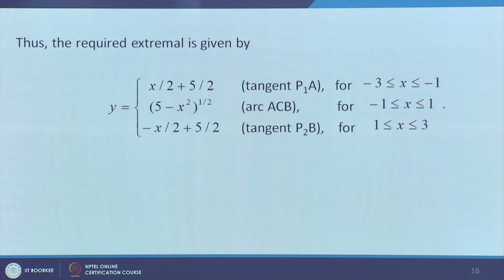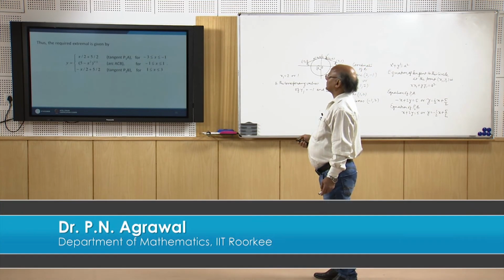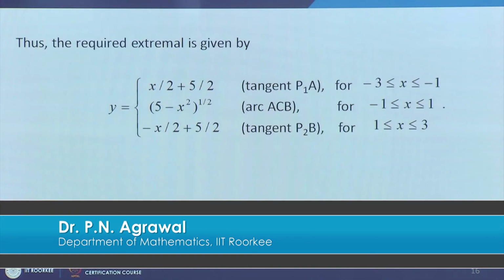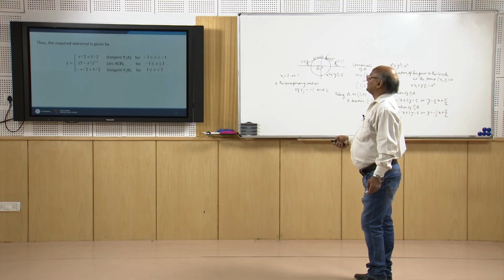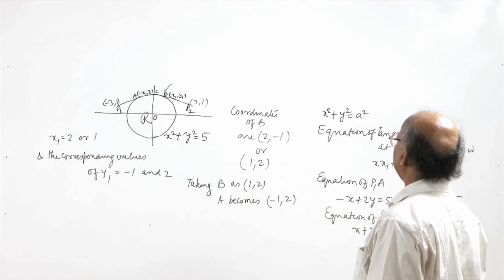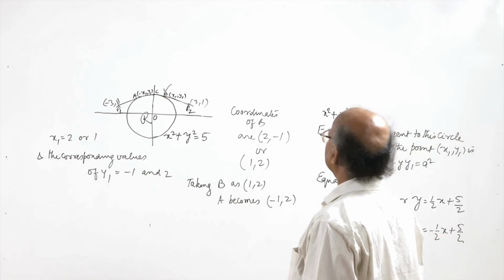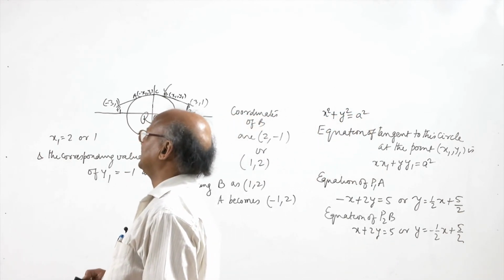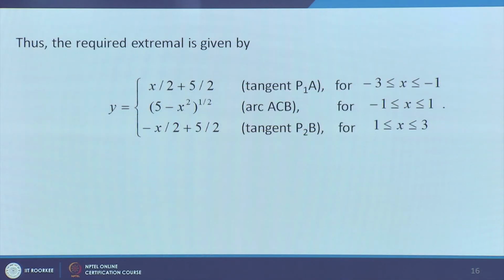We are taking y to be positive because AB lies above the x axis. So, for arc ACB, x varies from minus 1 to 1, and then the tangent P2B, y equal to minus half x plus 5 by 2, from the point (1, 2) to the point (3, 1). So, x varies from 1 to 3. This is how we find the extremal for this problem.